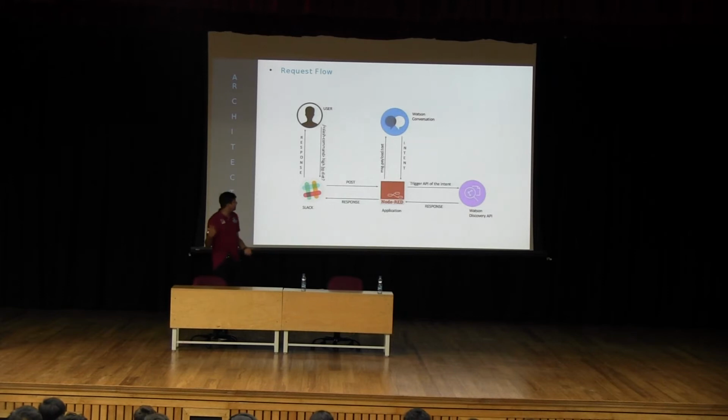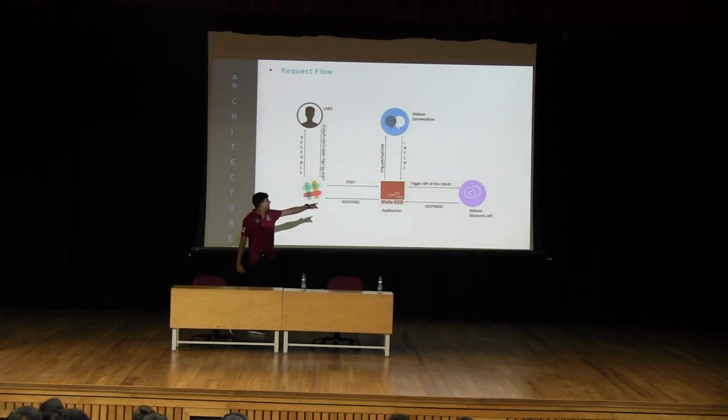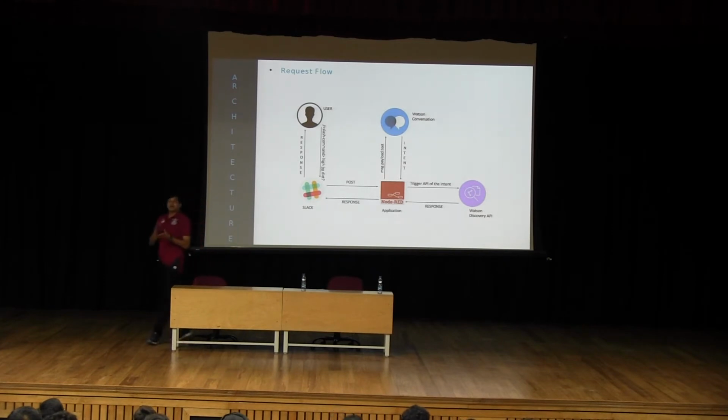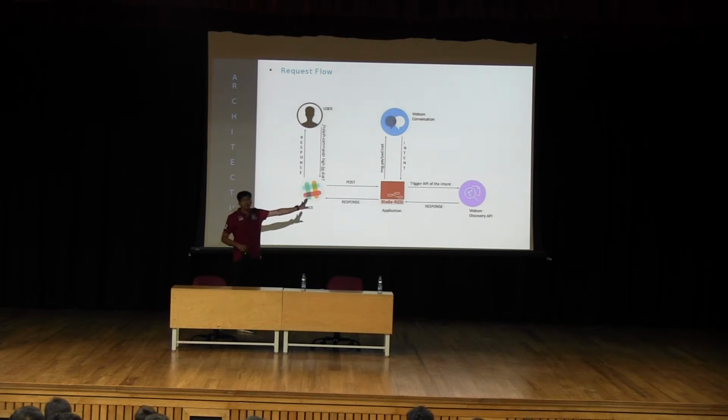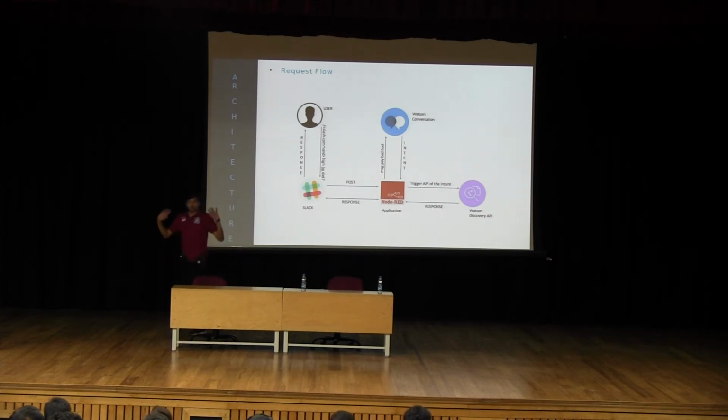It will extract the intents from the question asked by the user, and it will trigger an API of the intent to the Watson Discovery API. Watson Discovery API is a content search engine. At the backend, the Discovery API will search from the multiple sources available on the internet.